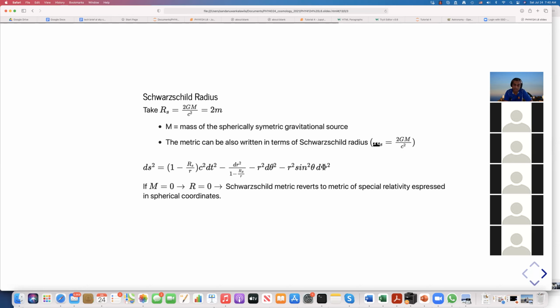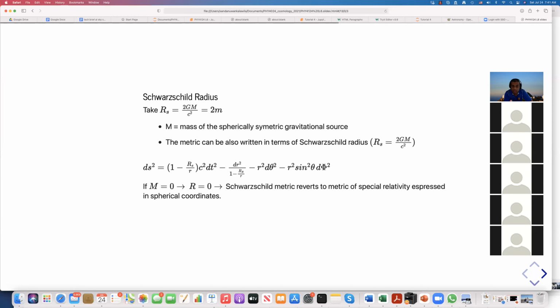When the Schwarzschild radius becomes 0, you can see that in this equation you just do not have this minus component right here. So you just have c squared dt squared, and when Rs goes to 0, you just have dr squared, and then r squared d theta squared, minus r squared sine squared theta d phi squared. And every one of us knows that is the Minkowski space, the flat space metric in spherical coordinates, right?